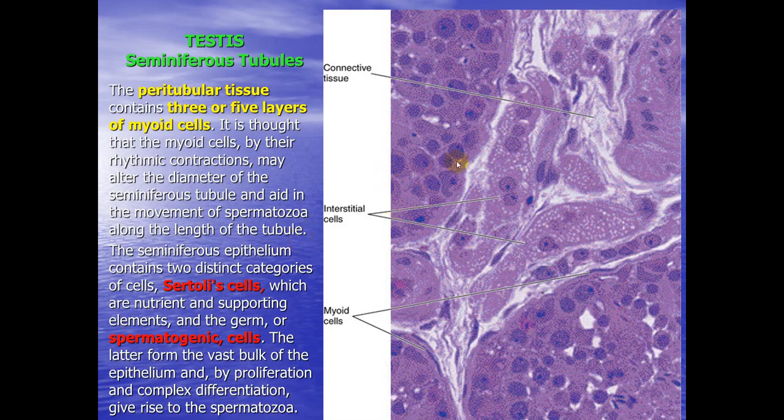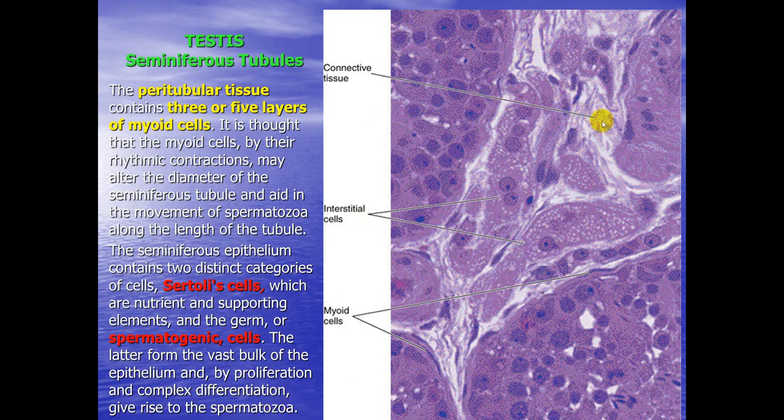So this is a light microscopic picture after hematoxylin-eosin staining, here is high magnification. We can see the loose connective tissue between the sections of the seminiferous tubules.